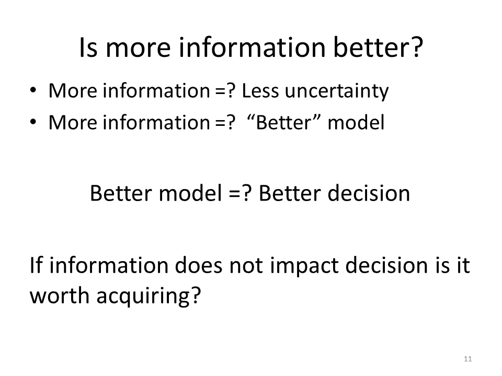But is more information always better? It might lead to less uncertainty. Perhaps it might lead to a better Earth model, better in some sense. But is that better model going to lead to better decisions? If the information does not impact the decision, is it worth acquiring?